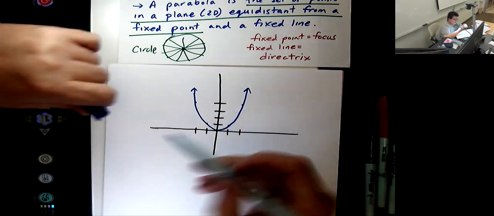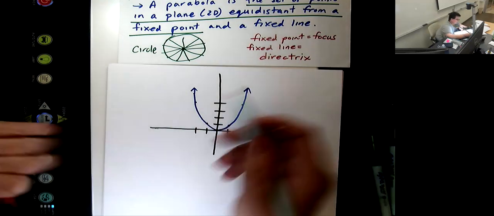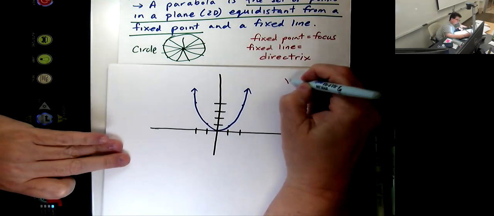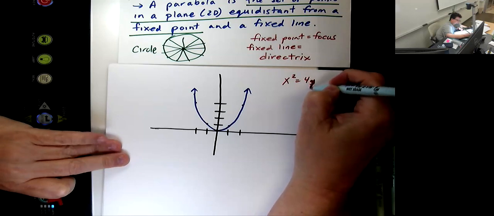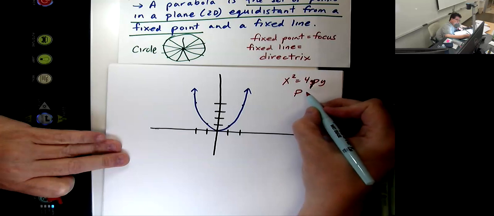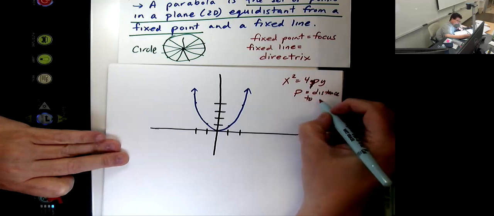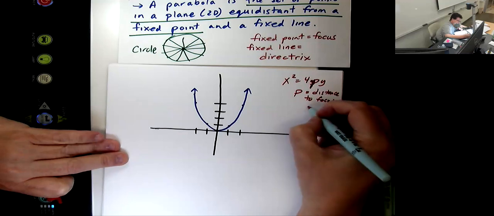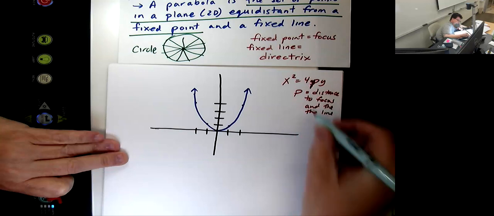The easiest way, the only way I'm gonna do this focus and make it look right, is if I give you the equation right away. If we do x squared equals 4py, p is the distance to the focus and the line from the vertex.